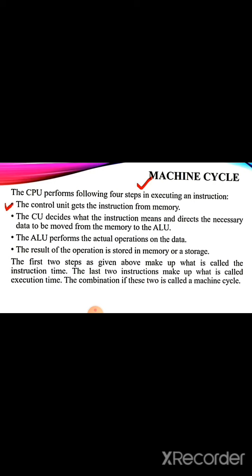The ALU performs the actual operations on the data. The result of the operation is stored in memory or storage. The first 2 steps make up what is called the instruction time. The last 2 steps make up what is called the execution time. The combination of these two is called a machine cycle.